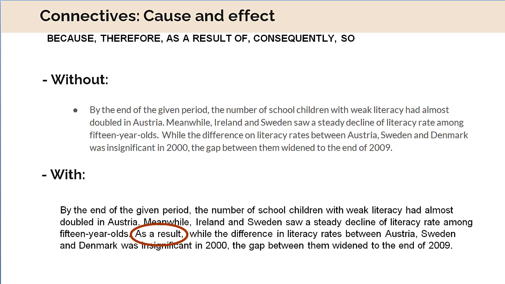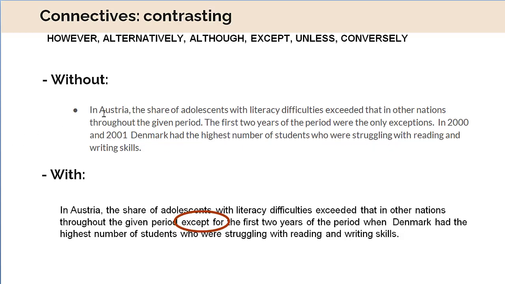Connectives of cause and effect are also a great help, and they help to make your description much more cohesive. Connectives of contrast, including however, alternatively, although, except, unless, conversely, are extremely useful, especially for grouping.